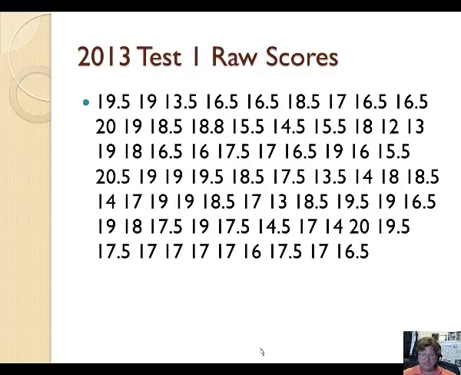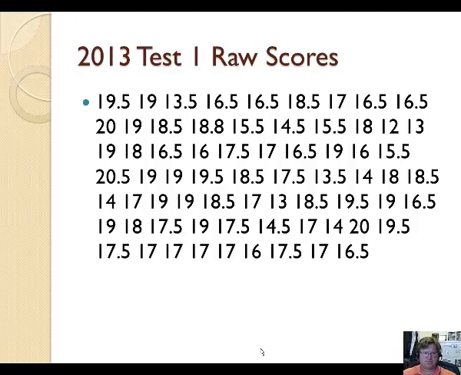So let's look at an example of some descriptive scores. Here are some test 1 raw scores from a distribution of scores from a test that I gave in a class. It doesn't matter what class, but the test was out of 20, although I did offer a half point extra credit question.